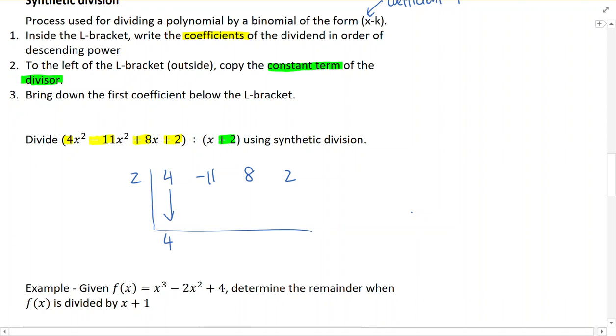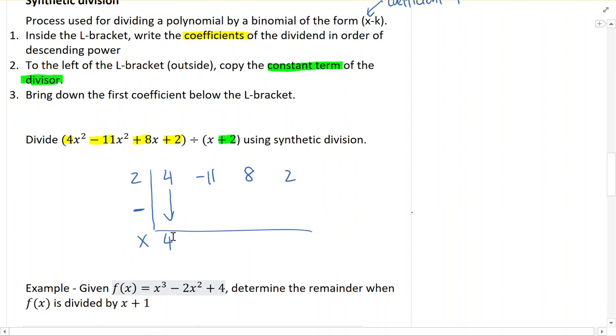Okay. And the pattern that's going to happen here is anything that is happening in between this box here, you're always going to subtract it. I'll just write that there as a note. And the relationship is you're always going to multiply the number below and write the number over here.